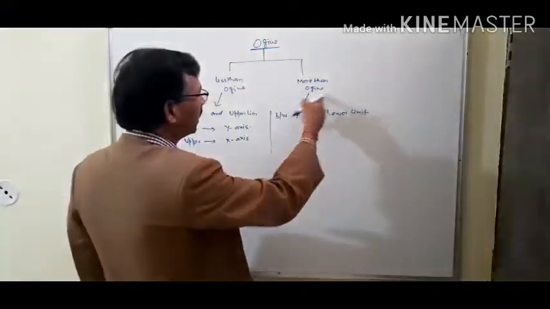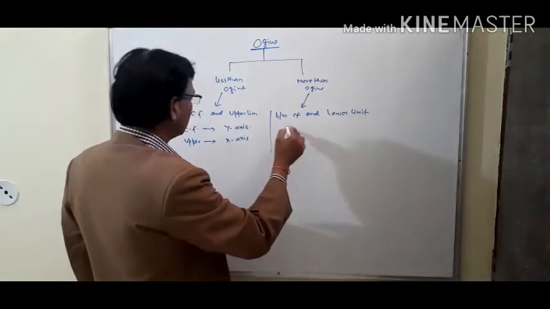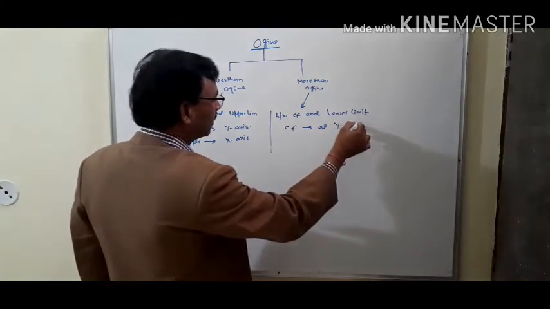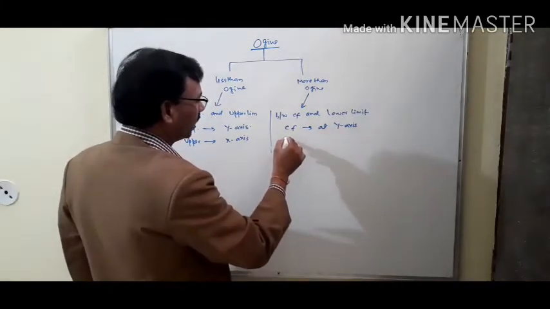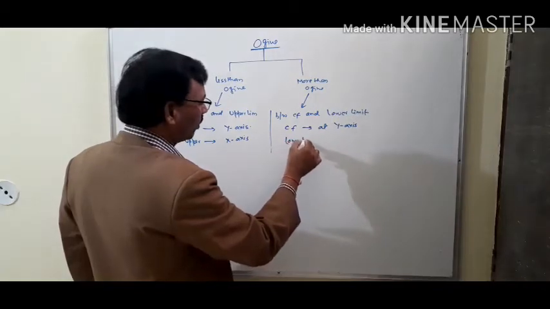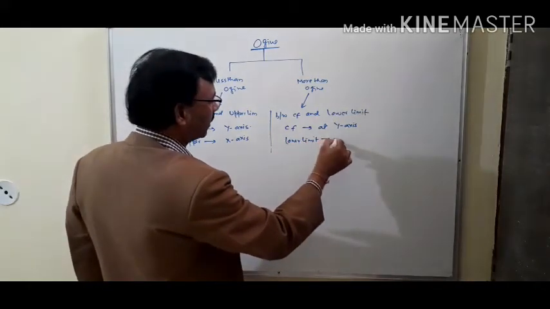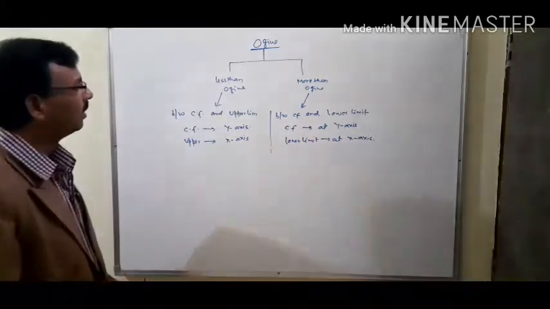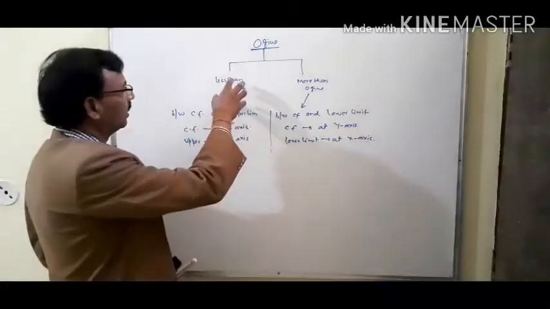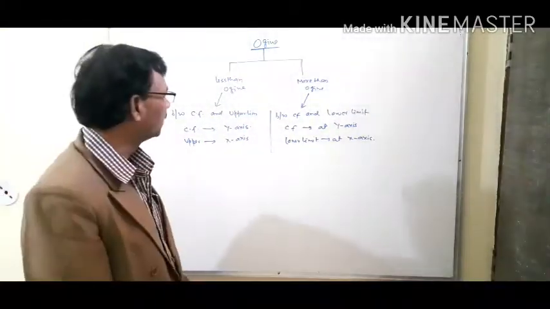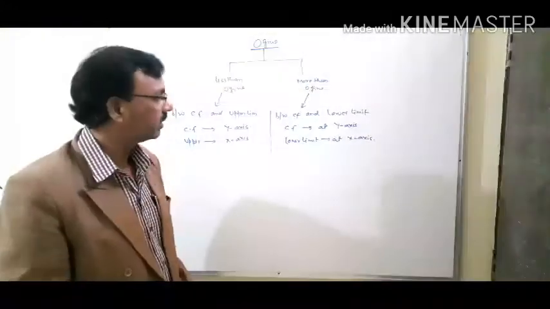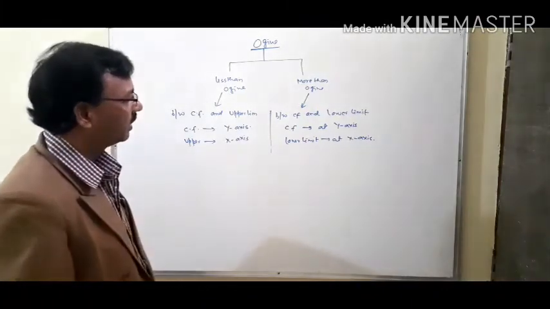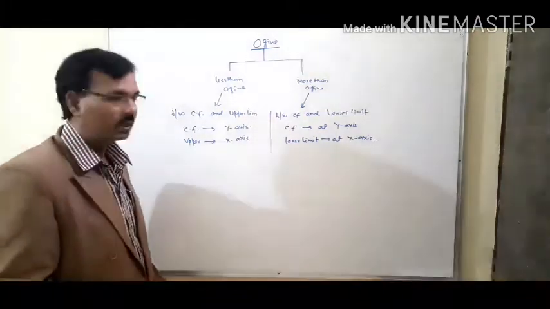In the more than ogive, cumulative frequency will come on the y-axis and lower limit on the x-axis. How to change the given frequency into the less than and more than cumulative frequency, and how to draw the graph of this, we will study with the help of one example.